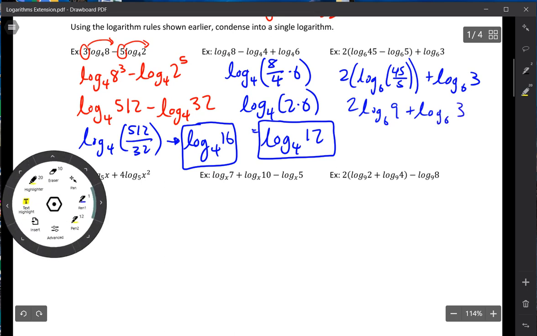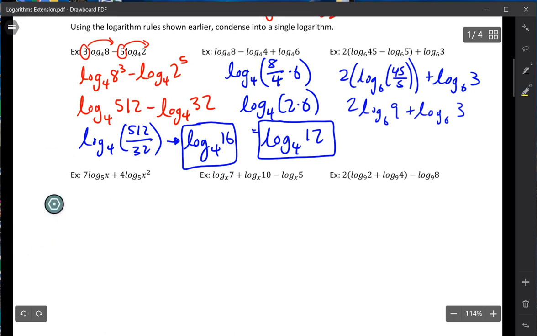Okay, now we're going to bring this coefficient on top. So log base 6 of 9 squared plus log base 6 of 3. 9 squared is 81, log base 6 of 81 plus log base 6 of 3. Okay.